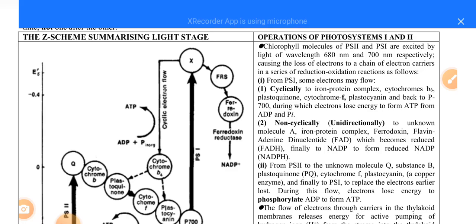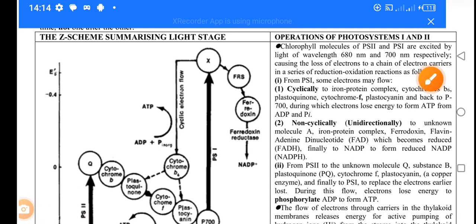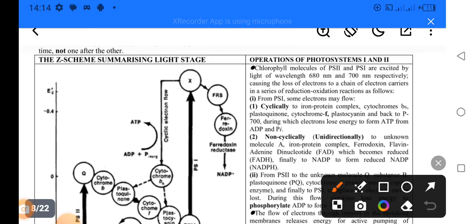Now from photosystem 1, some electrons may flow cyclically. I talked about cyclic flow. We are saying to the iron complex up here, cyclically to the iron complex. Then from there it goes to the cytochrome B6, which is here.